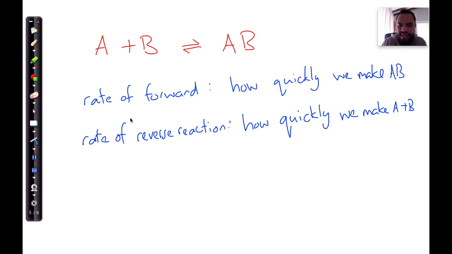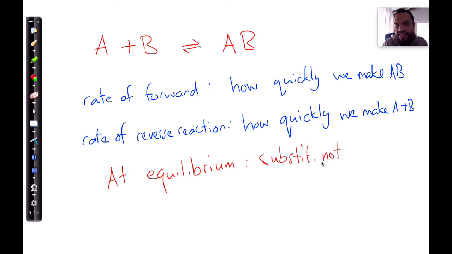So in essence, what we're trying to say is that at equilibrium, our substituents are not very useful, because the moment nitrogen and hydrogen come together, they break down and form nitrogen and hydrogen again.